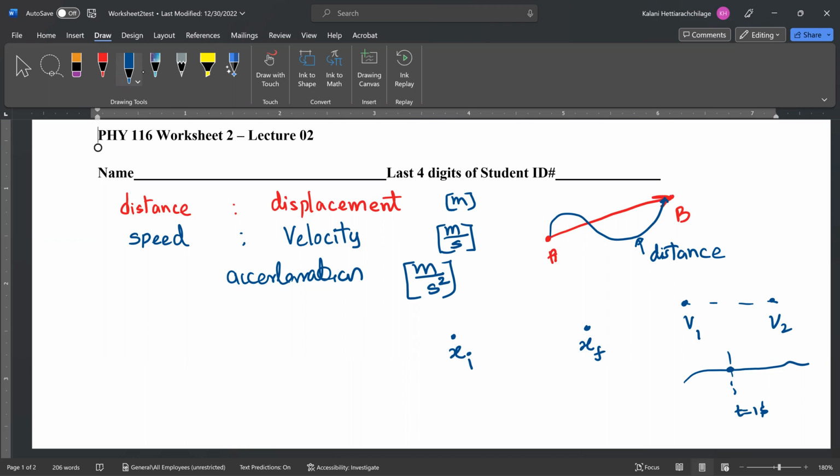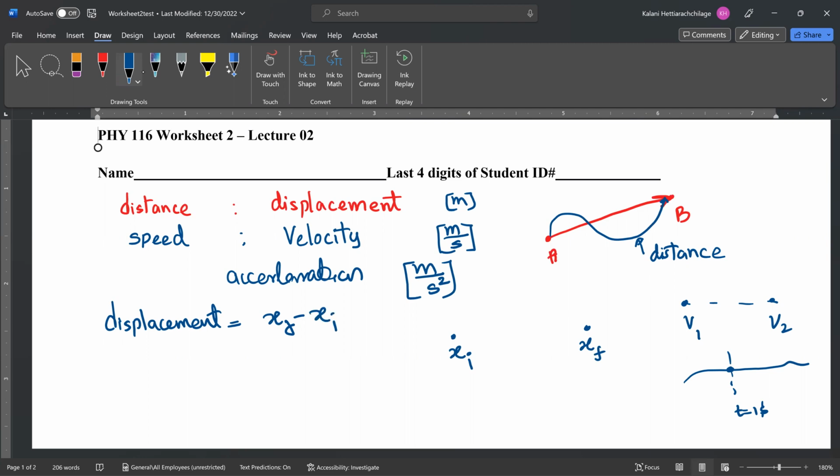X we use for the initial and final. Definitely X you use for the horizontal direction, Y for the vertical direction. Whenever needed, we can use it, right? So now the displacement definition is final position minus initial position, right?